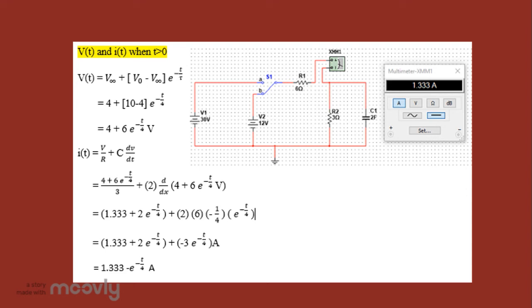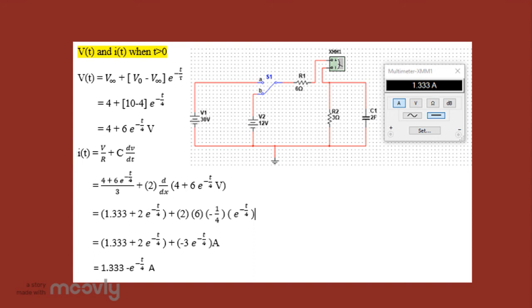And finally, by using the general equation, we substitute V infinity, which is 4 volts, and V0, which is 10 volts as calculated just now. Then we get V(t) equal to 4 plus 6 e to the power of negative t/4 volts. For the i value, we use the formula i(t) equal to V/R plus C dV/dt.